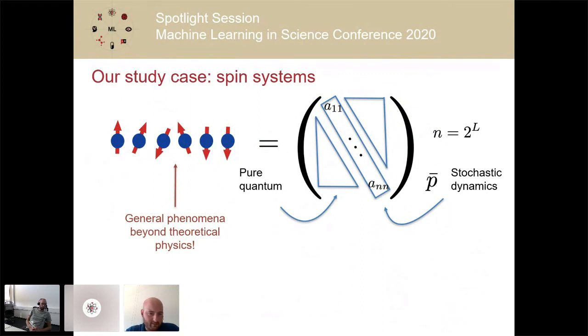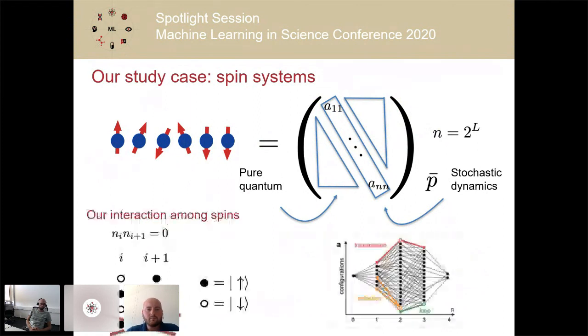And as we can see in the next slide, we know that theoretically there are some quantum systems for which the dynamics is fully described by the stochastic part from the diagonals. These systems are usually called constrained quantum systems. An example is this blockade quantum system, in which we can only explore the Hilbert space in which we don't have two contiguous excitations.